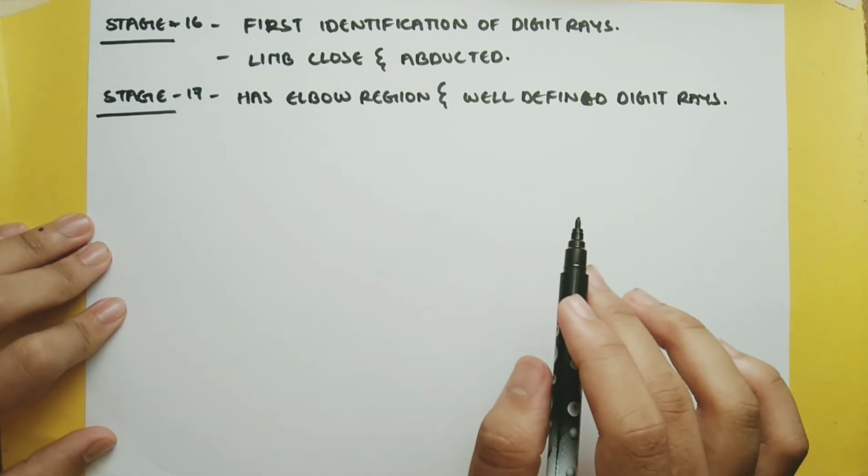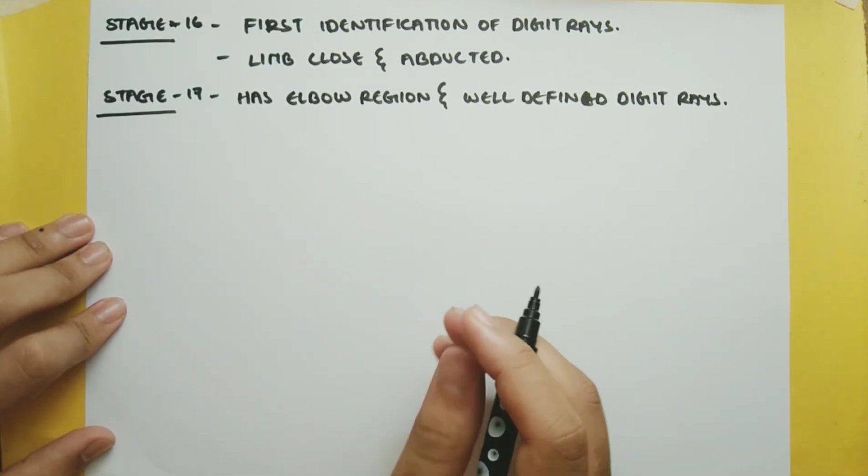The elbow region and well-defined digit trace are seen in which stage? Stage 17.